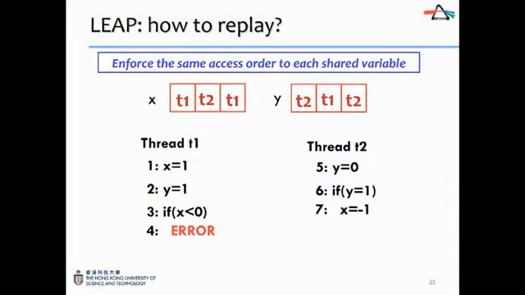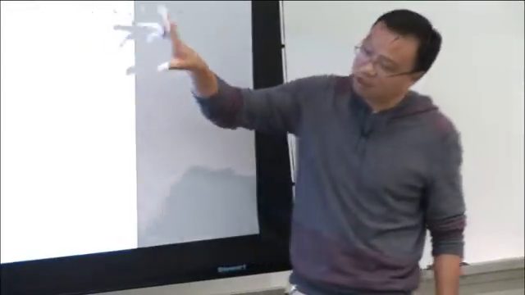The way to replay is that you can think of these logs as stacks. We're just going to read the logs one by one, or pop the items one by one, and use that value to direct a user-level scheduler. Our user-level scheduler checks whether it is the thread's turn to read or write that variable by checking the top of the stack.